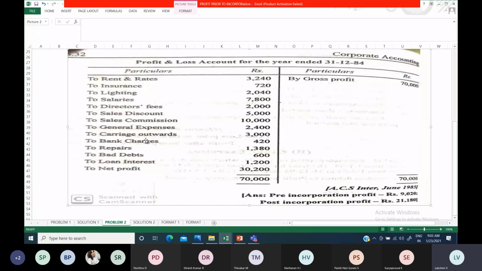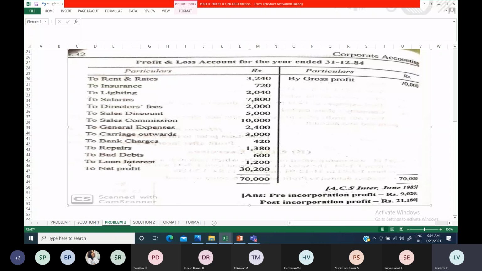So all these we discussed, so that's why I'm going fast here. Bank charges will be done based upon time ratio, repairs time ratio, bad debts sales ratio. If debtors are more, bad debts will be more. All this happens because of sales only, credit sales.